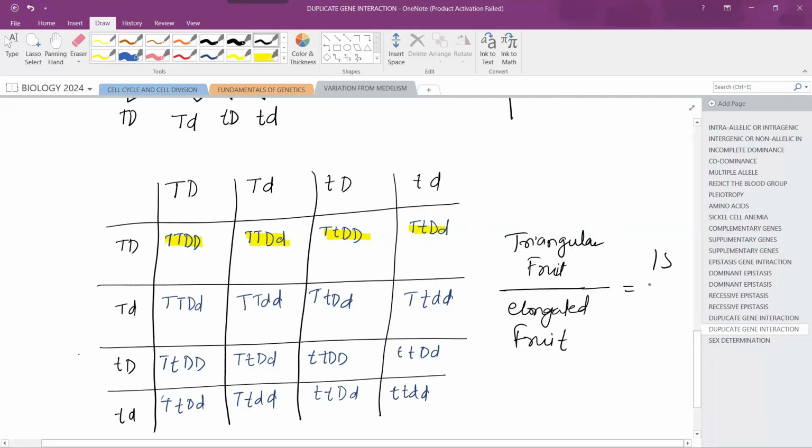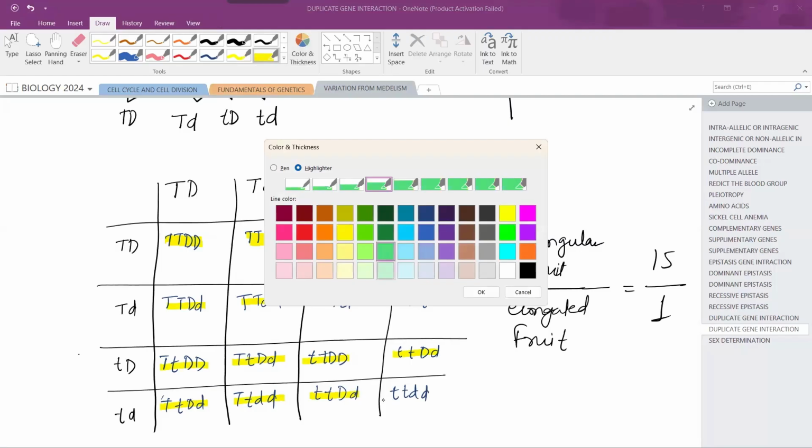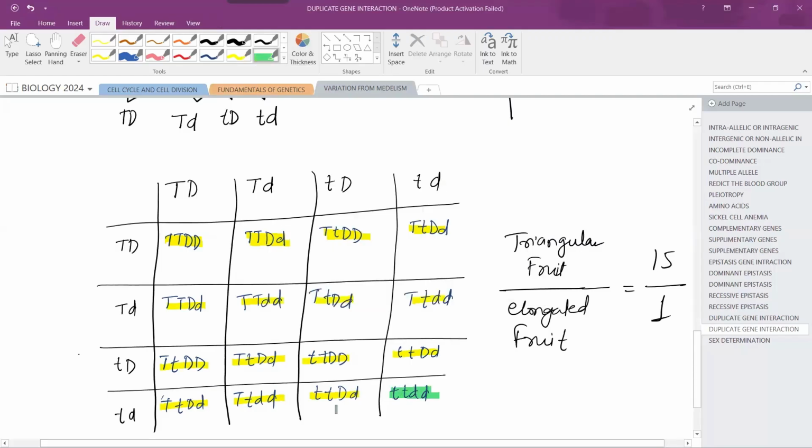Yes, 15 over 1. So all these are triangular ones, and only this one is the elongated.